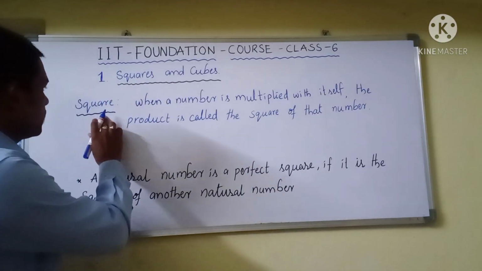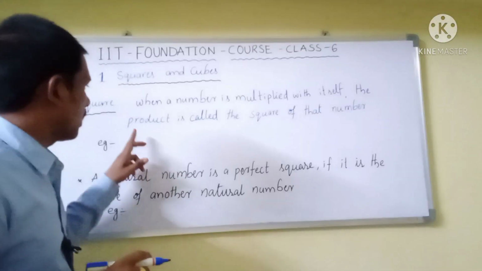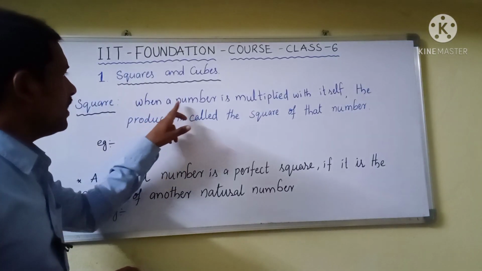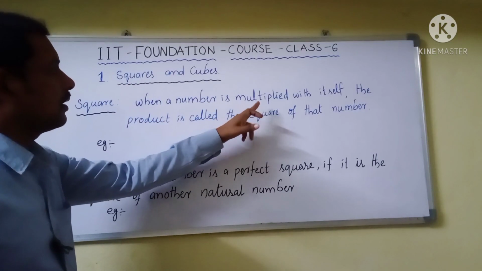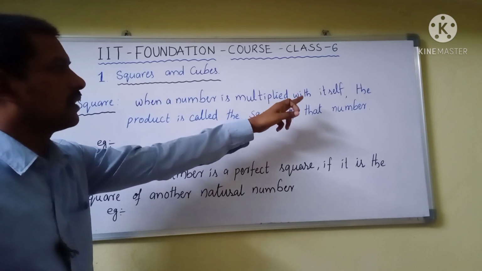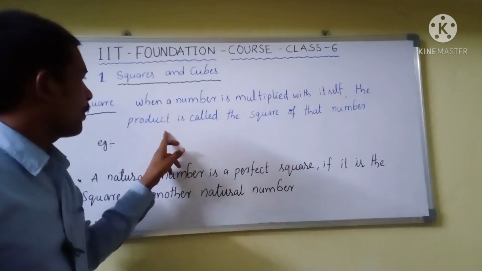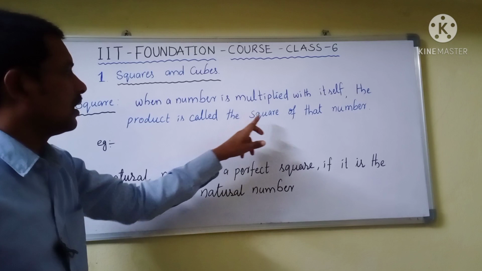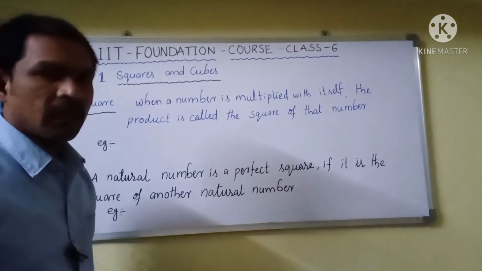First we'll discuss the definition of a square. When a number is multiplied with itself, the product is called the square of that number.